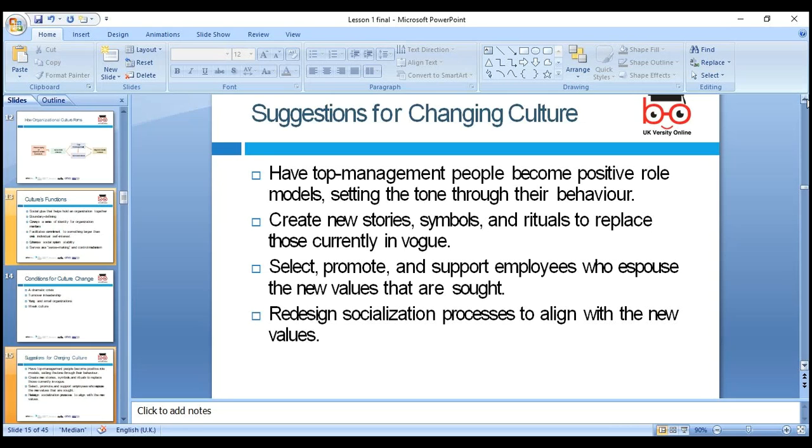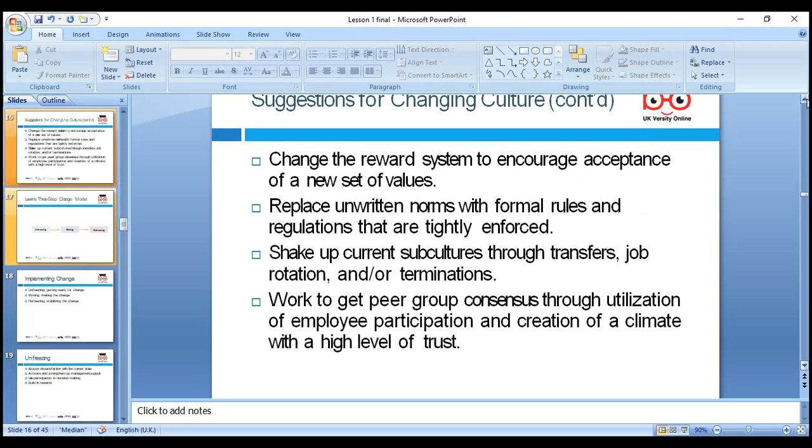Sometimes people can be divided into two groups: those who want to accredit and those who want to create a problem. Reward and encourage those who follow the new values, and replace unwritten norms with formal rules and regulations to shape the culture through the job.